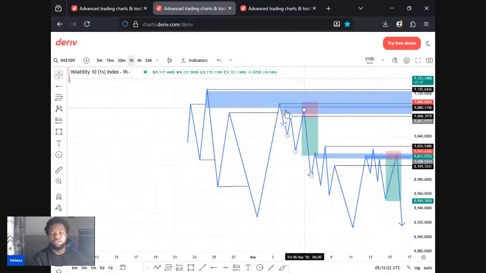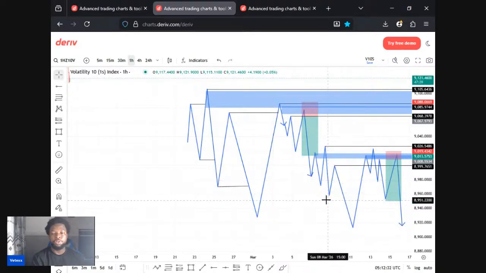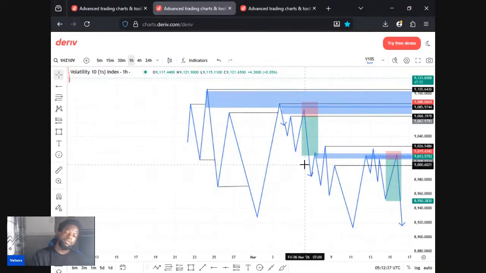This is basically how the whole system works. If you follow this model, you are definitely going to make a whole lot of gains doing this. This is actually simple if you look at it.